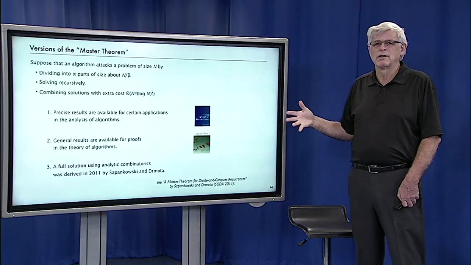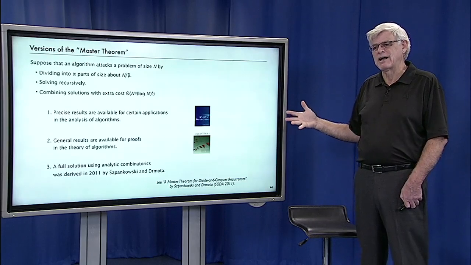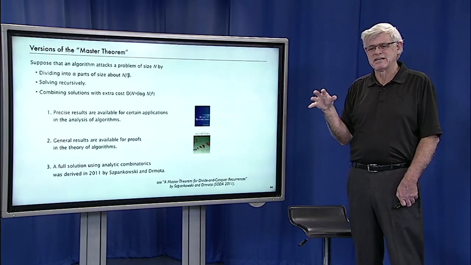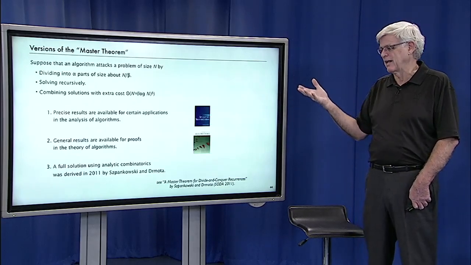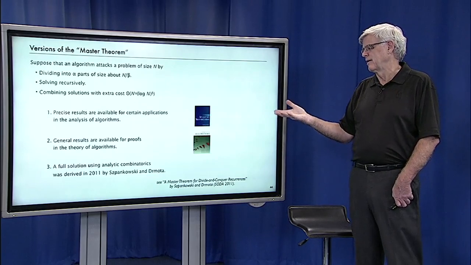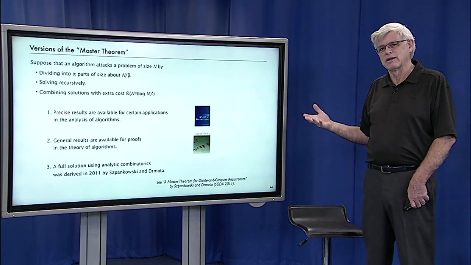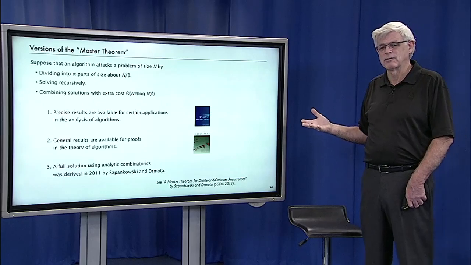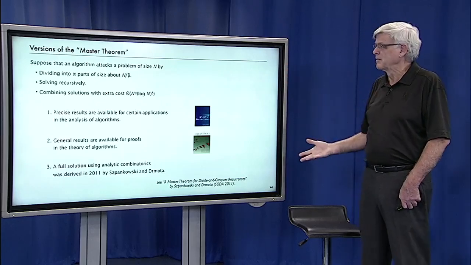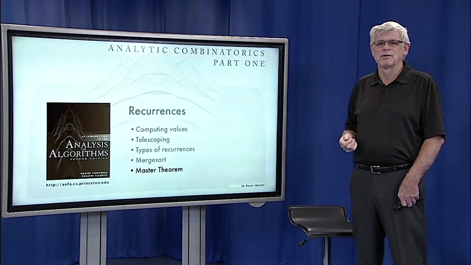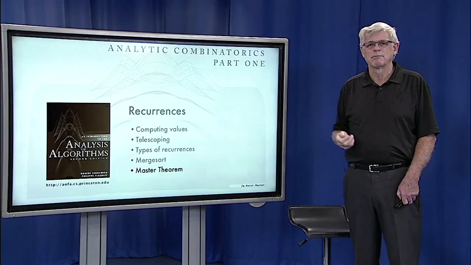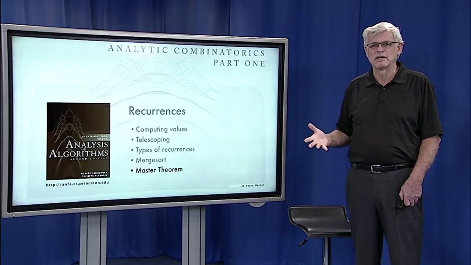But people will have some idea for how the mathematics manages to model what actually happens in the computer algorithm. And this is really an important contribution of analytic combinatorics in this case. So that's the master theorem for studying divide and conquer algorithms, and that'll complete our study of recurrence relations.